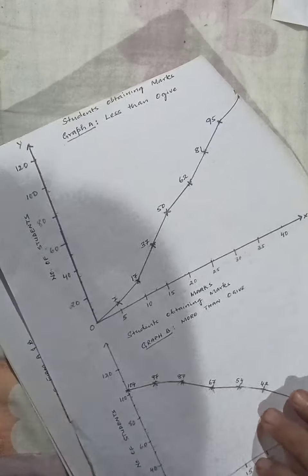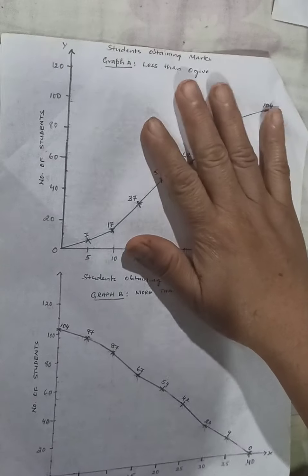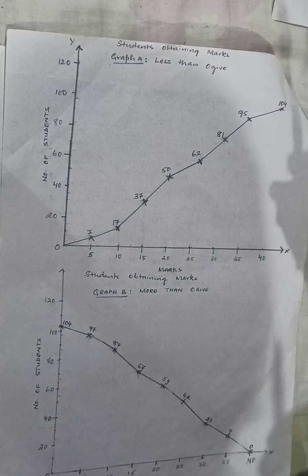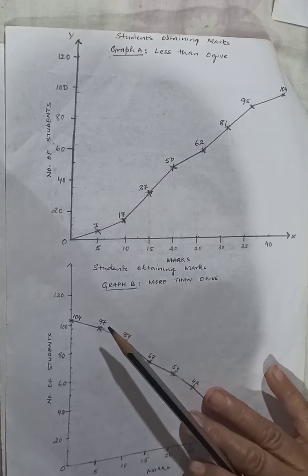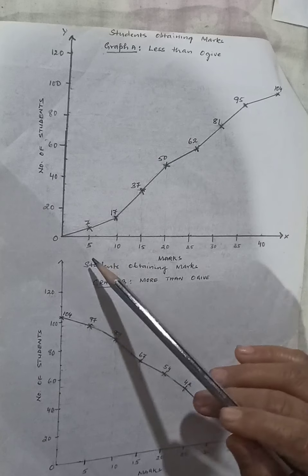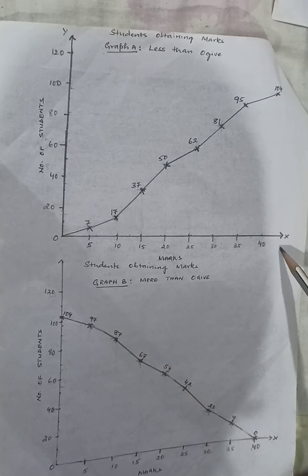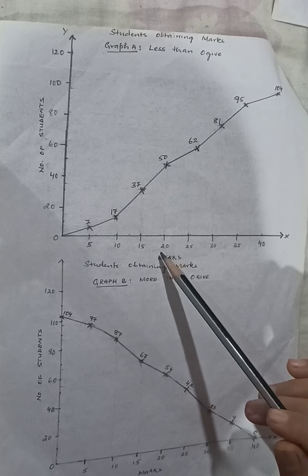And the next is, now we are going to make a less than ogive curve. Okay, so to make a curve with the help of OX axis and OY axis, here on the OX axis, these are the marks of less than type.